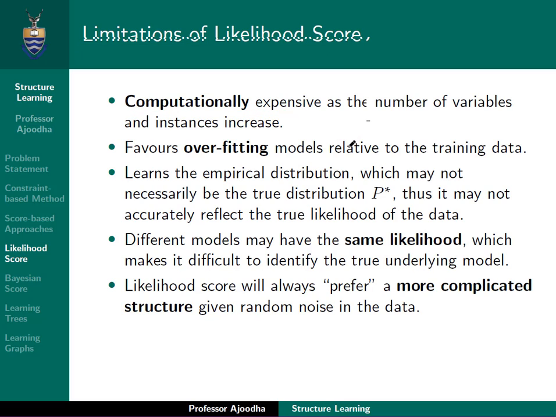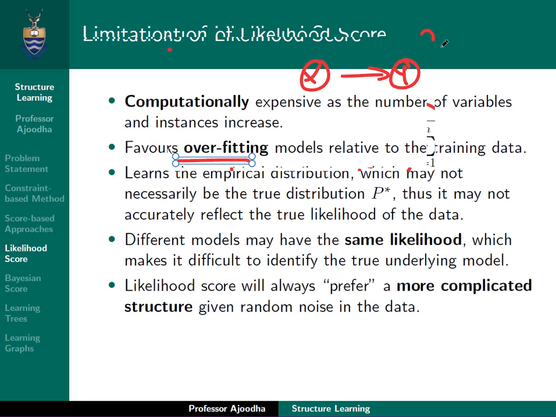The other thing is that it favors overfitting. We always prefer to have more edges rather than fewer edges, and that's what causes the overfitting. So if x and y are connected like this and there are other variables, it will not stop until it has created as many associations as possible. The likelihood score will just keep adding arrows.